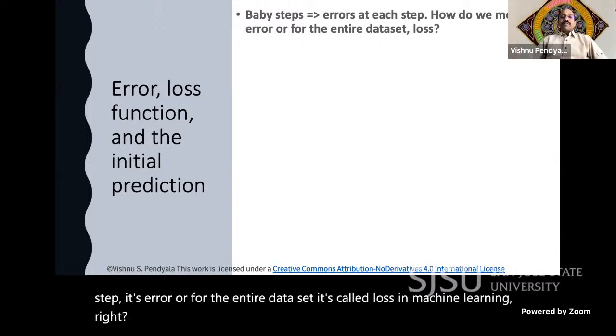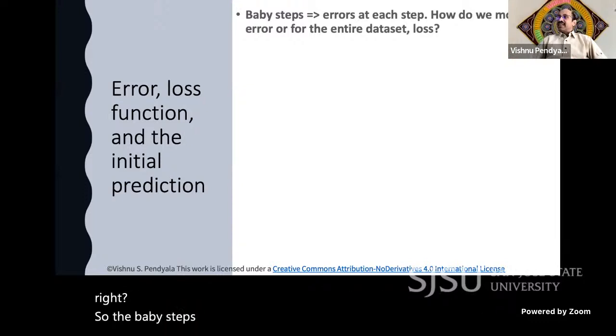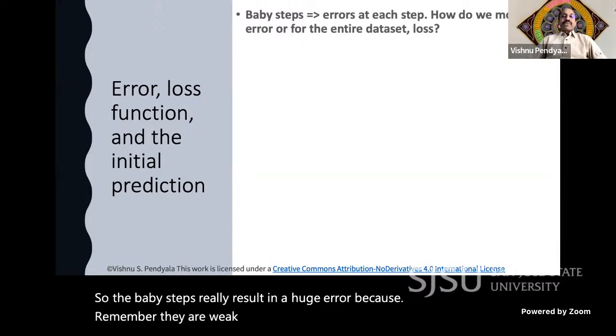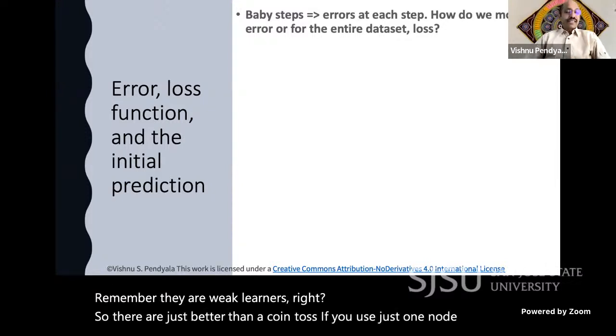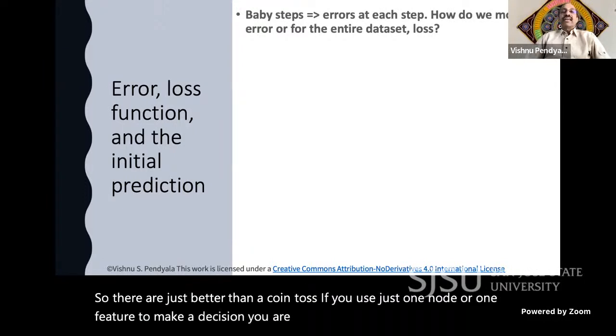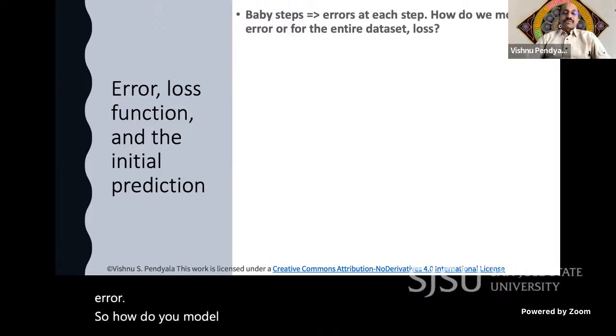So the baby steps really result in a huge error because remember, they are weak learners, right? So they're just better than a coin toss. If you use just one node or one feature to make a decision, you're obviously going to encounter a huge error. So how do you model that error?